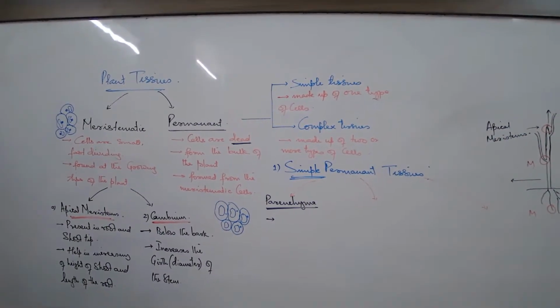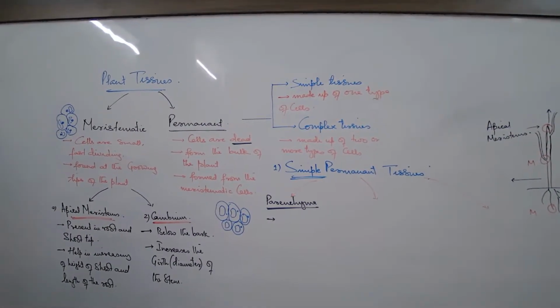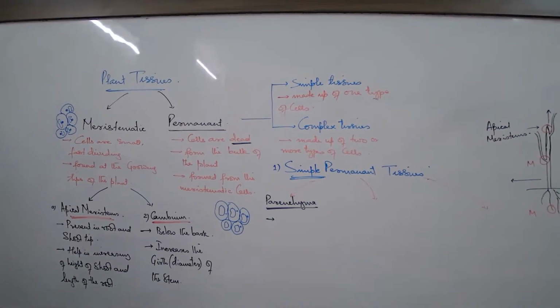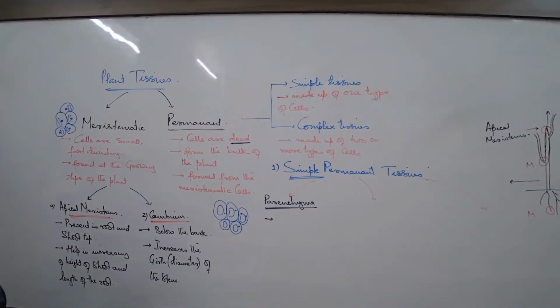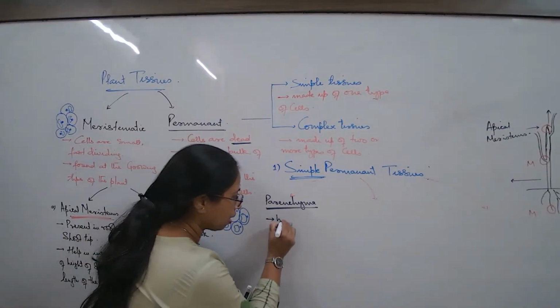Look into the section of any type of parenchyma cells. The cells have intercellular spaces. What about the walls? The walls are thin.